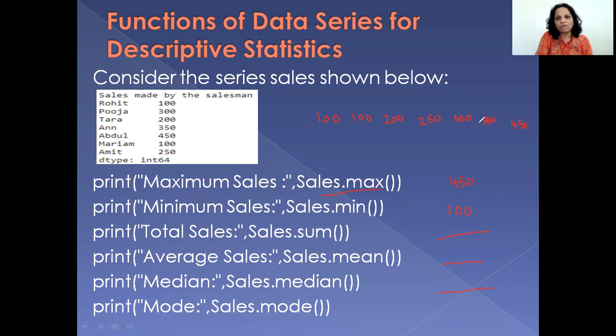Okay, correct. Now, what does this do? Median tells you what's the middle value. So here, the median would display to you as 250.